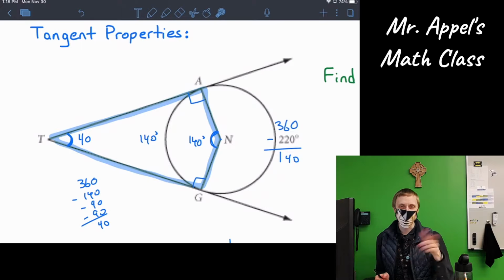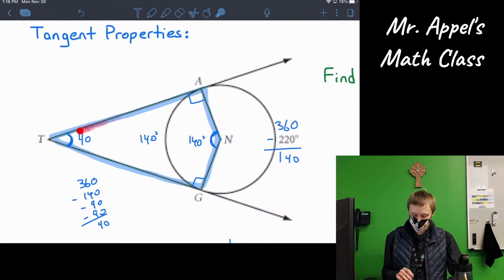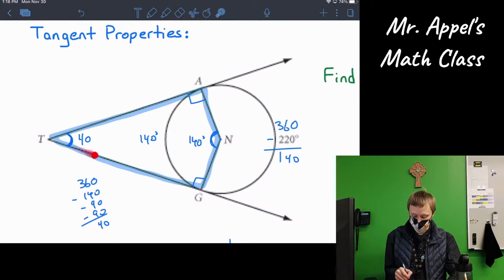Speaking of quadrilaterals, there's one more interesting property from the tangents. The fact that we have two of them here, and maybe you can guess this from the quadrilateral itself. What type of quadrilateral does that look like? Does anyone identify a more specific quadrilateral that this seems to fit the properties of?